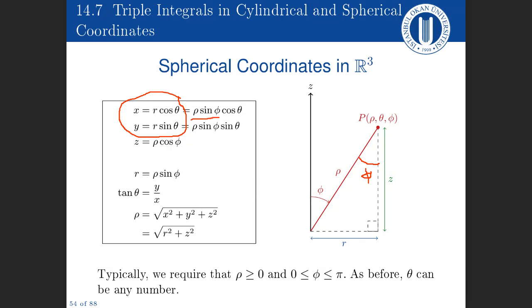And z must be rho cos phi. So that tells us that x is rho sin phi cos theta, y is rho sin phi sin theta, and z is rho cos phi.